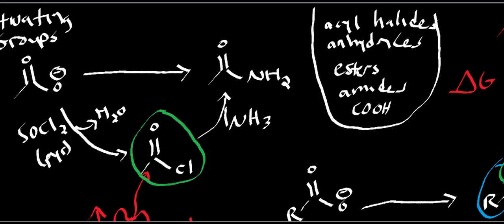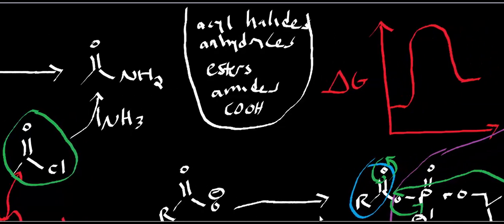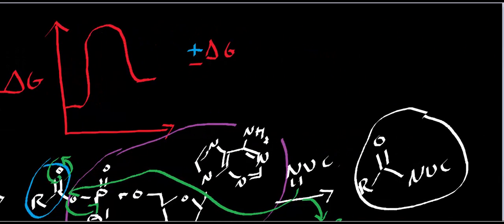You had to activate it first, and the way you did that was with thionyl chloride and pyridine. You made acetyl chloride. If you started with acetate, you made acetyl chloride, and then you could make whatever carboxylic acid derivative you wanted. So the key with activating groups is you're taking something that is relatively stable, making it very unstable, and then your enzymes can have their way with it, right?